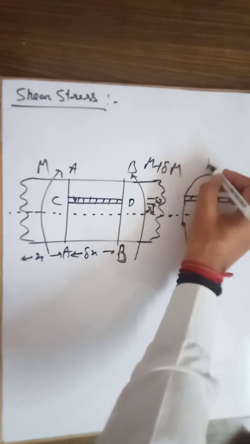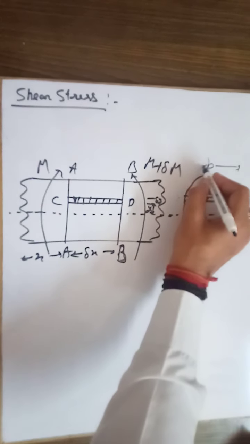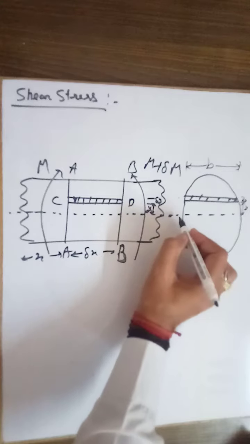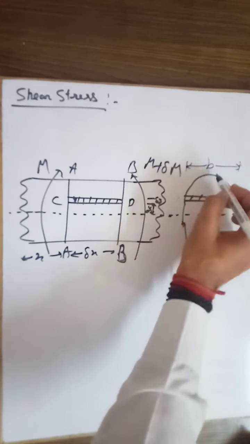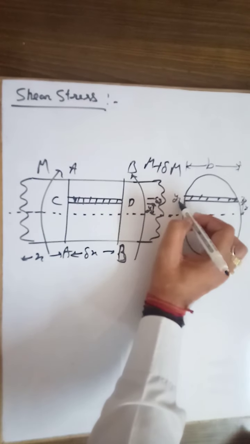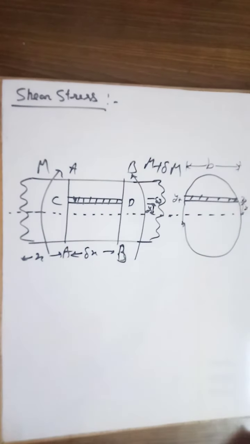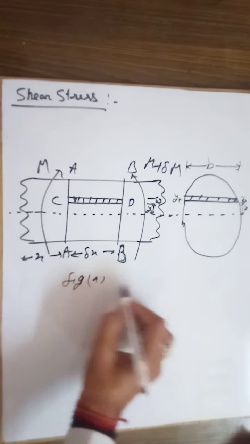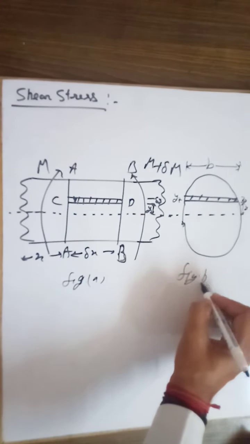If this is equal to b, and from the neutral axis this particular distance is y1, if this is our figure A, this is B.